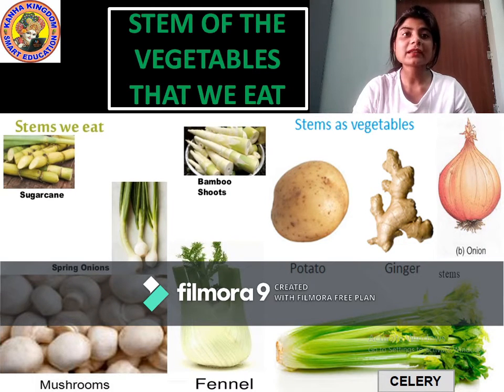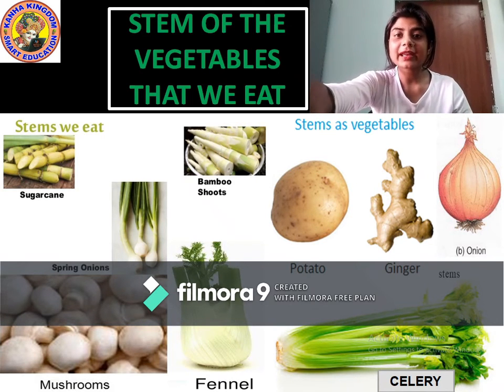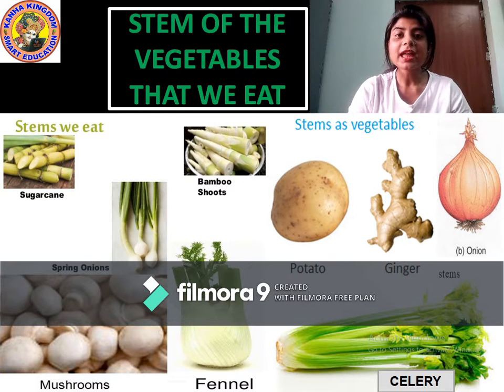The first one is sugar cane, then spring onions, mushrooms, then bamboo shoots, fennel, then potato, ginger, onion, then celery. These are the different vegetables that are the stem.